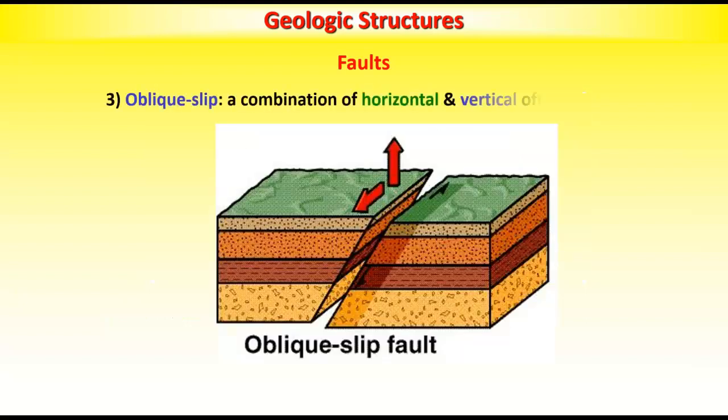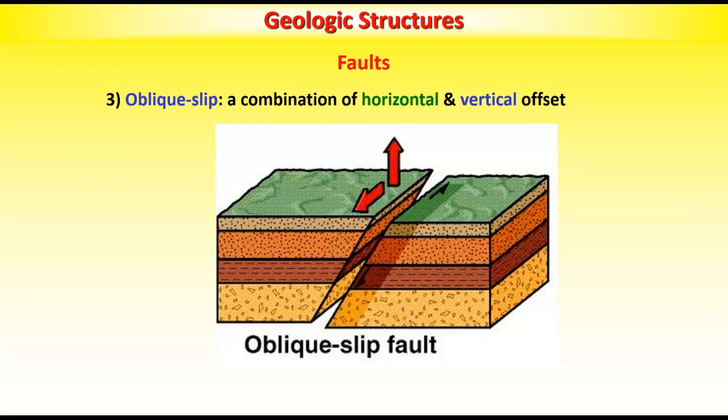And then the other thing I just want to mention is I referred to the first two, normal and reverse, as what are called dip slip faults, where there's mostly vertical motion. We've identified a strike slip fault, which for us there's just one, right? That's horizontal. But of course, look, in the real world, when there's a fault and a lot of energy is released and there's motion, there's probably a combination of both horizontal and vertical, and we would give it a name of oblique slip.